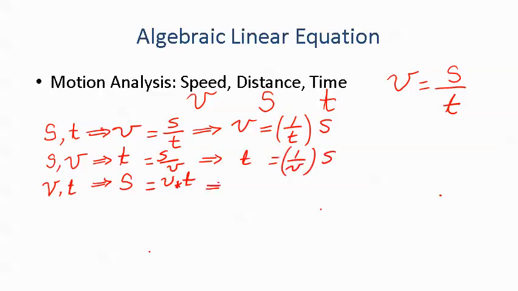And in the third equation, the slope could be the time, or it could be the velocity. And the reason we put these slopes is to keep the equations in the linear form. The slopes will be constant.